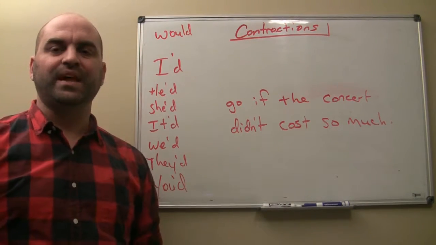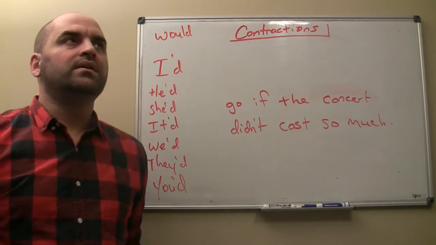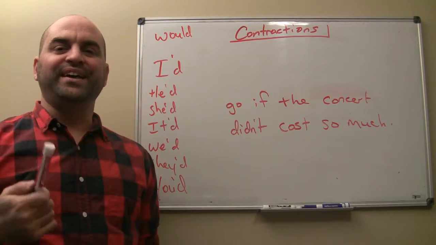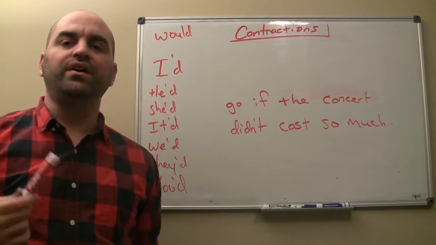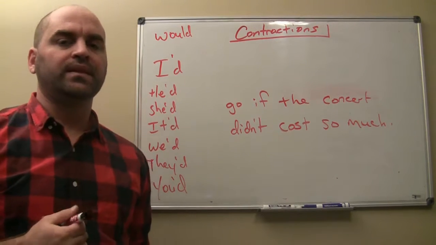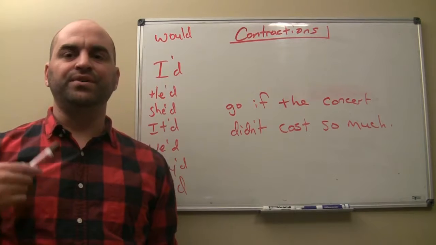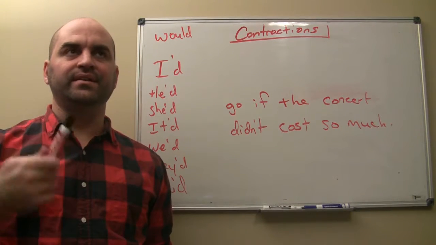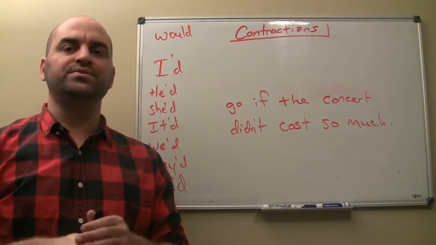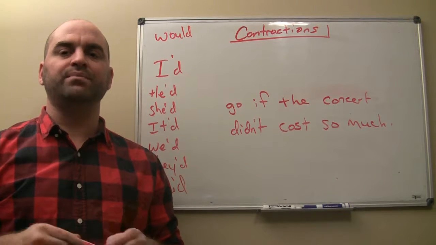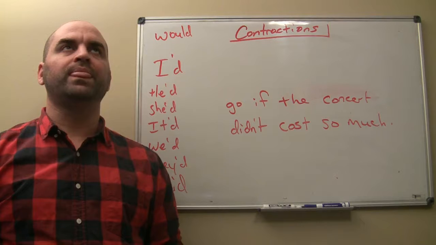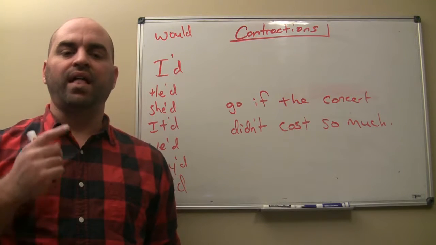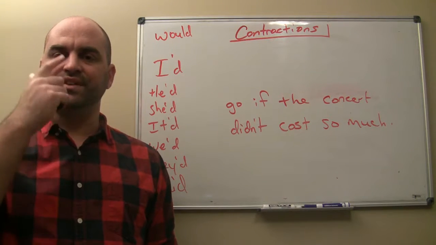apostrophe D. Now we haven't gotten to this quite yet, but D's in English are different than in Spanish. I apologize if you don't speak Spanish, you speak another language. It's kind of geared towards Spanish speakers for this website, but it's for anybody who wants to learn English. But in Spanish particularly, your D's are pronounced with the middle of your tongue on the top of your mouth.